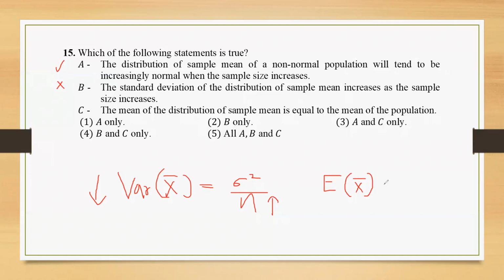So we know that expected value of x bar equal to mu. So therefore statement C is also correct. Therefore both A and C are correct, not B. Therefore the answer is third one.